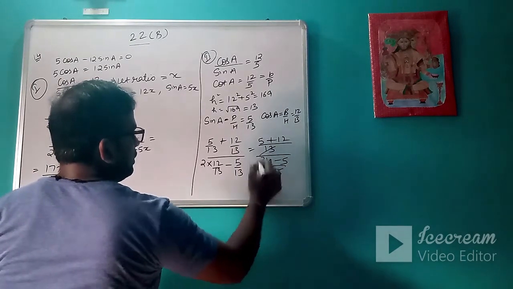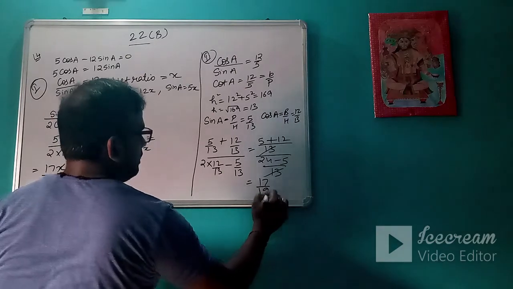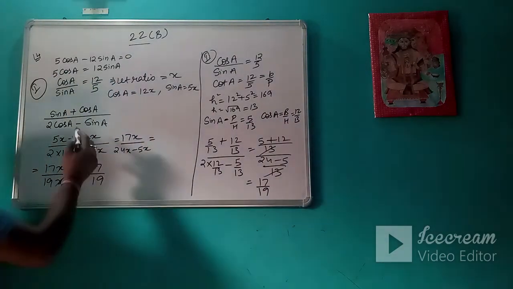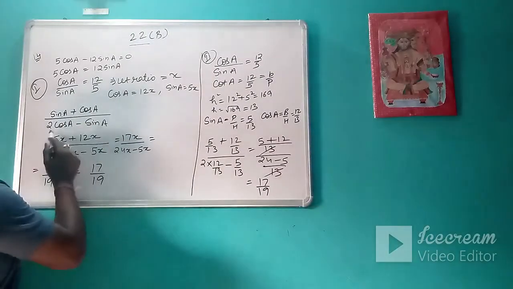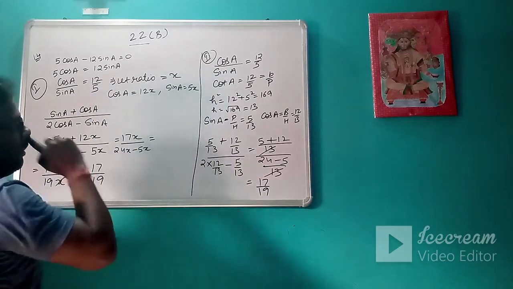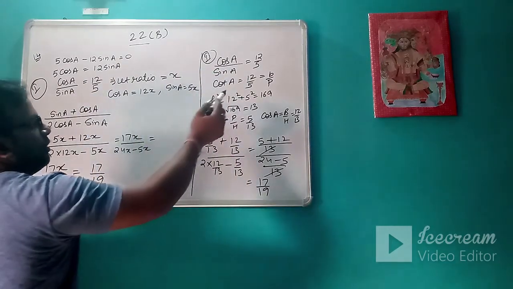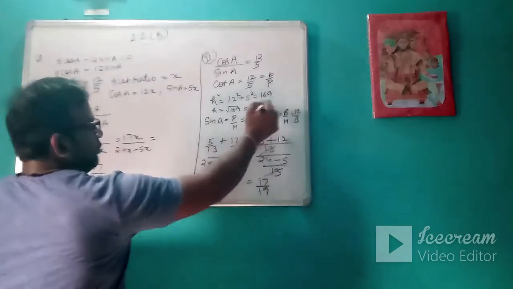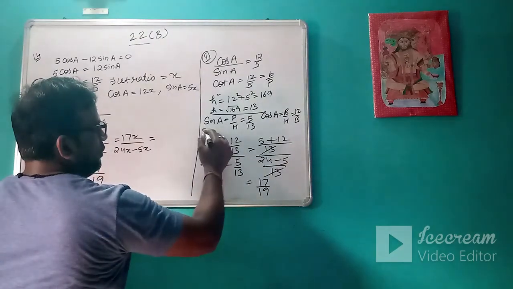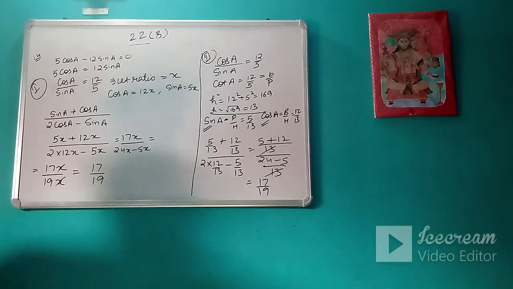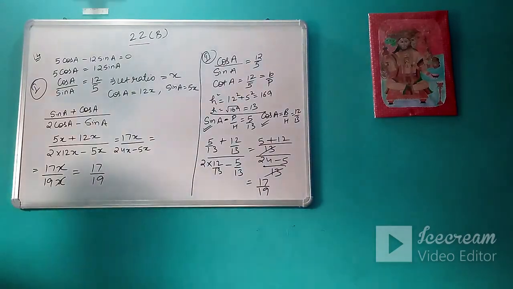So this 13 and 13 cancel, you will get 17 upon 19. Okay, this is one more way of solving questions like this. If sin and cos are given as a ratio, you can treat it like a ratio. Or if you don't want to solve the question like this, then you will take out the value of cot A, from here you will take out the value of H, then from here you will take out separately sin A and cos A, and then you will put the values, and then you will get the answer. Okay, in this manner you can solve questions like this.